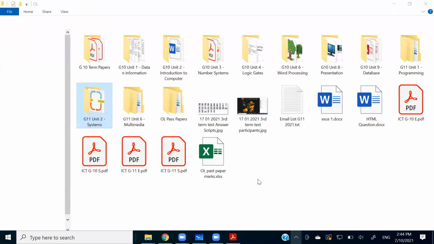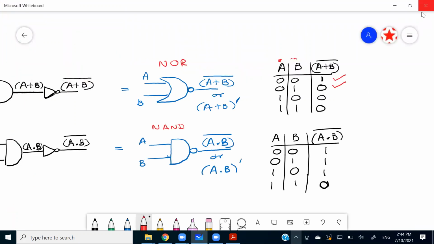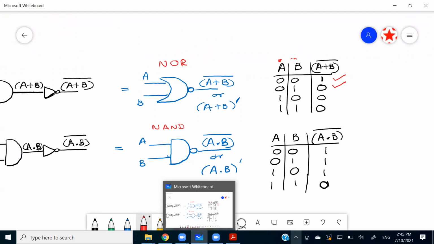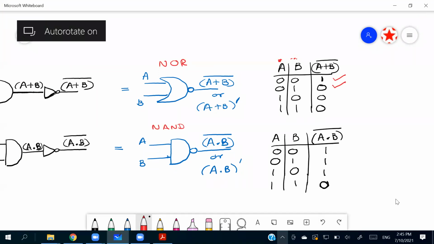My whiteboard gives me a hard time, as well as my graphic card. Okay. I think it needs a restart. After the class, I will be able to do that.